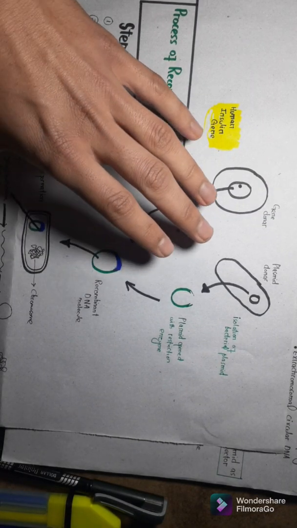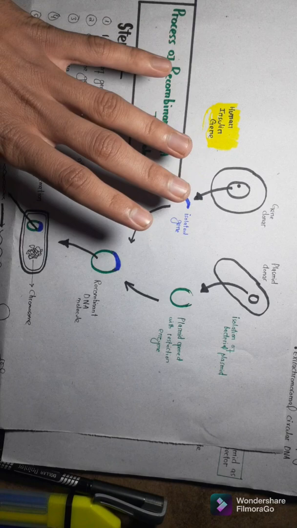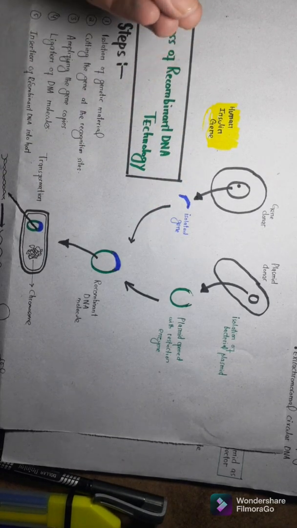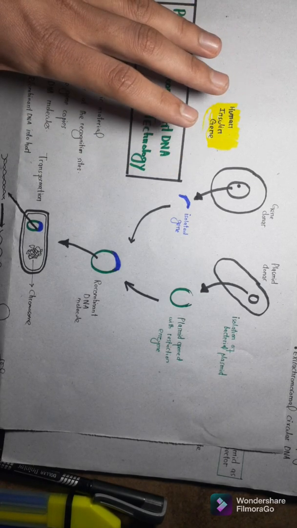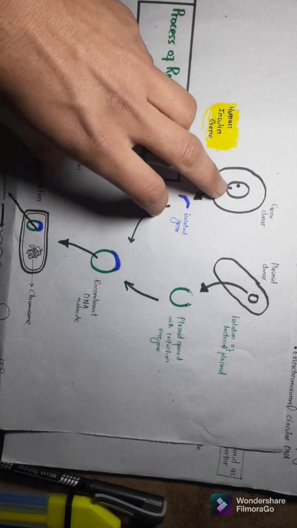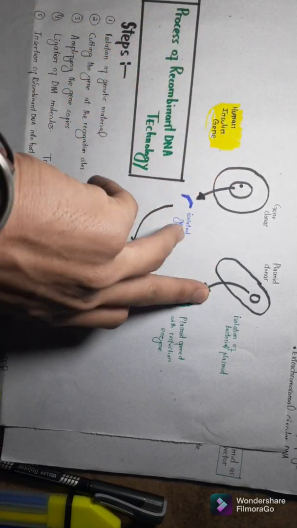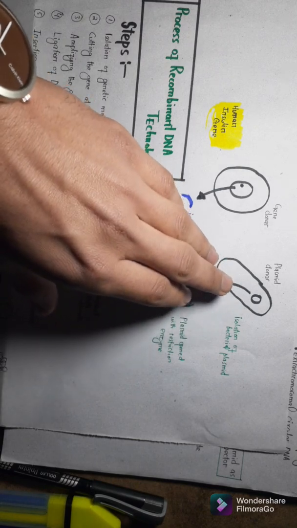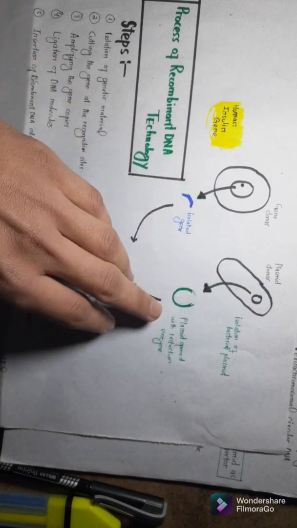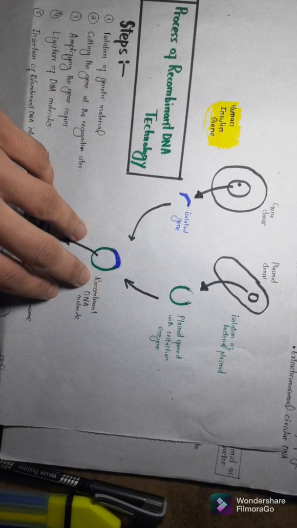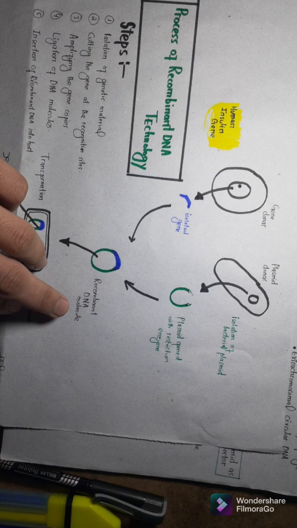Now we explain diagrammatically the process that occurs in recombinant DNA technology. Whenever there is a problem in human genes, like the insulin gene not working properly, how do genetic engineers manage this? Here there is a gene donor, where the gene is isolated, and on the other side there is a bacterial plasmid donor, where the plasmid is isolated. Both are combined through an enzyme known as DNA ligase, and recombinant DNA molecules are formed.